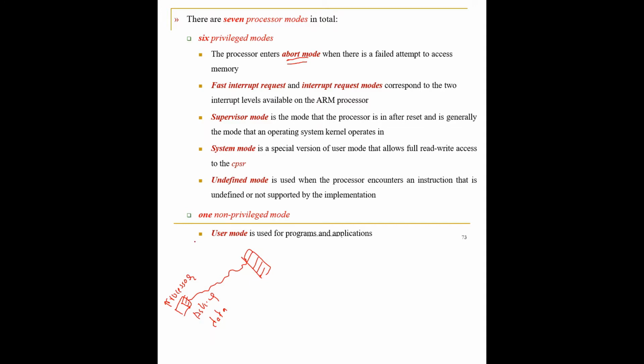Fast interrupt request mode is a mode in which the processor is allowed to process that interrupt request immediately. Interrupt request mode is a mode in which the processor can finish off the process and later service the interrupt that is coming from the peripheral.